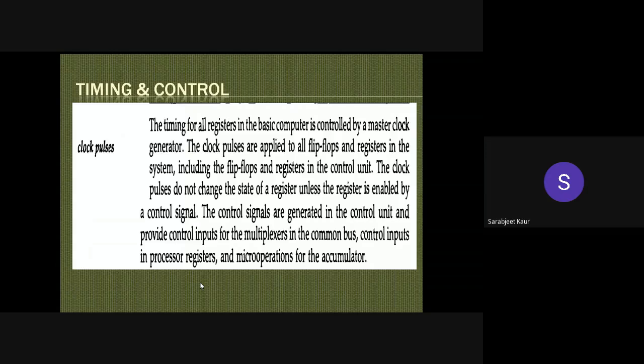So whatever circuit is to be activated, a control signal will be sent there. Only when that circuit has a clock pulse and a control signal, both, only then it will work. Is this clear to everybody? Yes, ma'am.